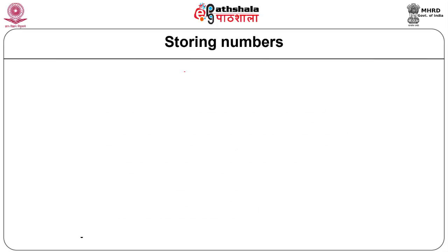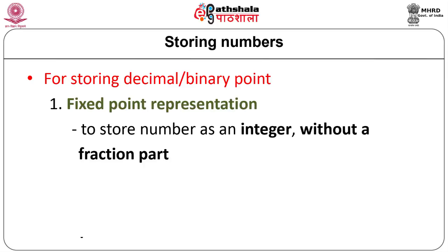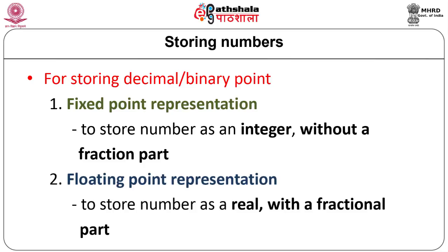For storing the decimal point, computers use two different representations: fixed point representation and floating point representation. The first is used to store a number as an integer without a fractional part. The second method is used to store the number as a real with a fractional part.